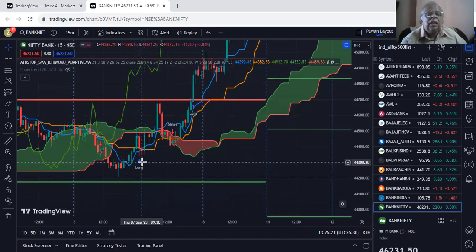This is the crossover which can give good profit to the traders, and if the same is honored, then one will have a heavy, good opportunity to earn the points.